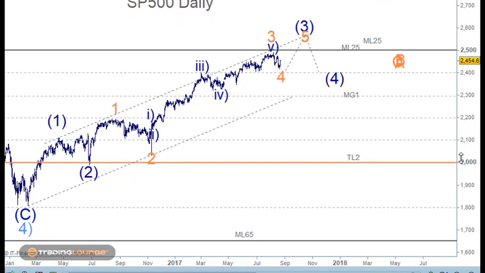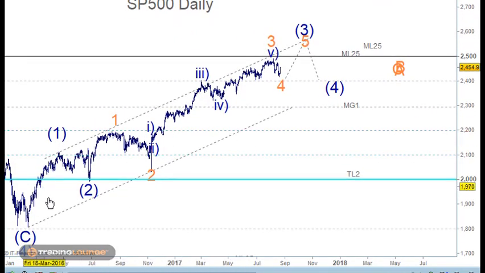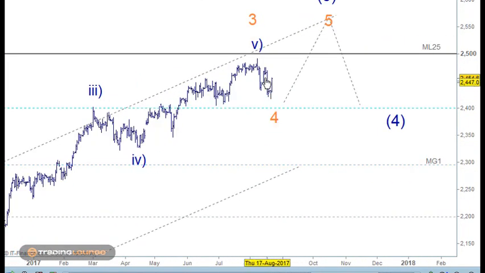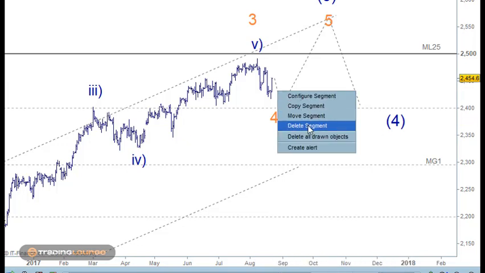There are different ways to count this, different parts of all of this, but this would be in line with the DAX. So I'm just going to leave it there. So really, realistically, it's really all about this little pattern here. We know that at the moment on the cash market, this move up could fail here, and then we could be back into this wave 4 here. Okay. So that's one thing to look out for.